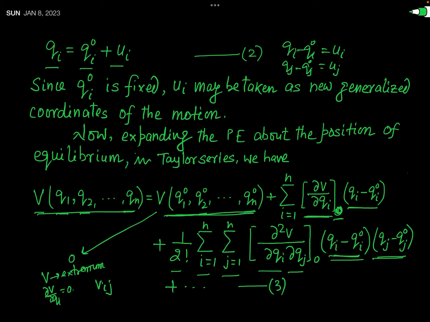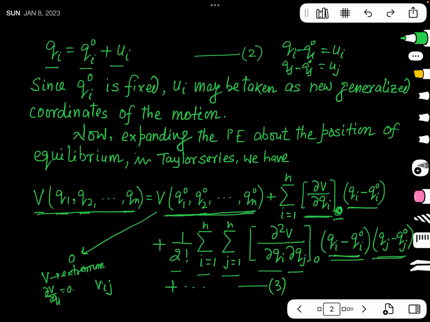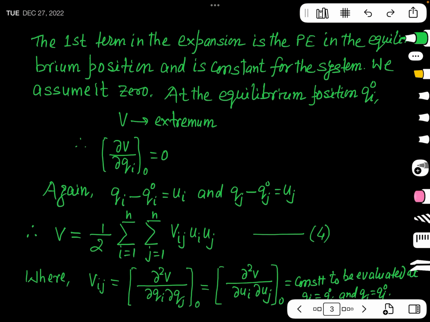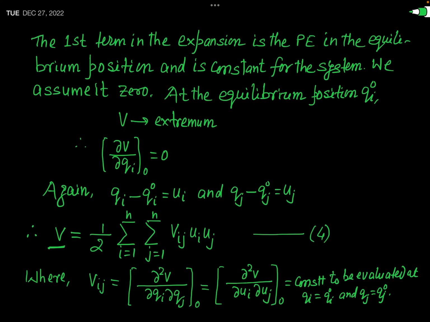So making these substitutions in this equation 3 and neglecting the higher order terms, what will be our result for the potential energy function? You can see this potential energy function will be equal to 1 over 2, summation i from 1 to n, summation j from 1 to n, Vij times Ui times Uj.